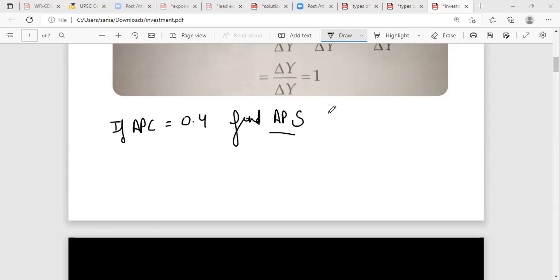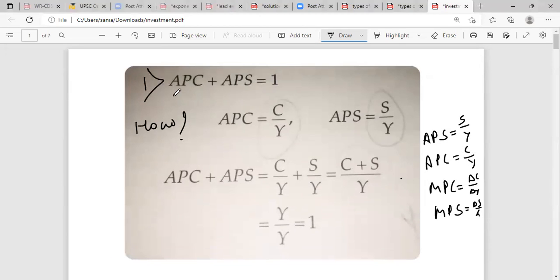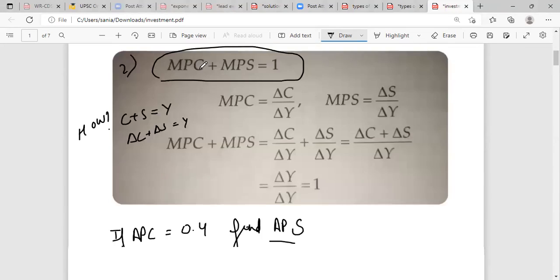Okay. So first of all, I'll just tell you how you're going to do it. I hope you people did it like this, or if not, then it's okay. You have to find APS. You already know the relation that APC plus APS equals 1. We already did this formula, right?